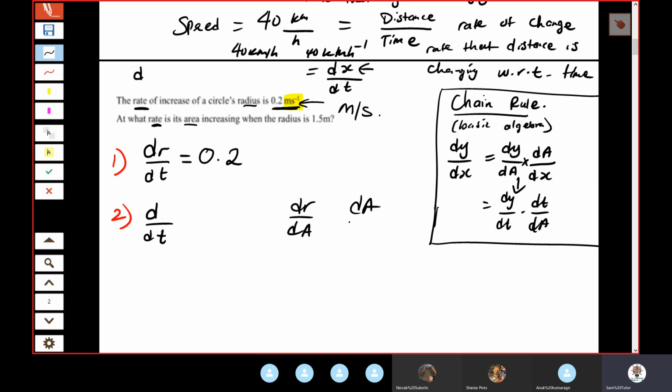It's the other way around, isn't it? It should be more as the area changes as the radius changes. Yeah, but that's fine. That's easy to fix. You just flip it. That's not a problem. But so, what should this on top be now? If you now know it's area, dA on dt. Yeah, that's the one. Well, what would you write it as?